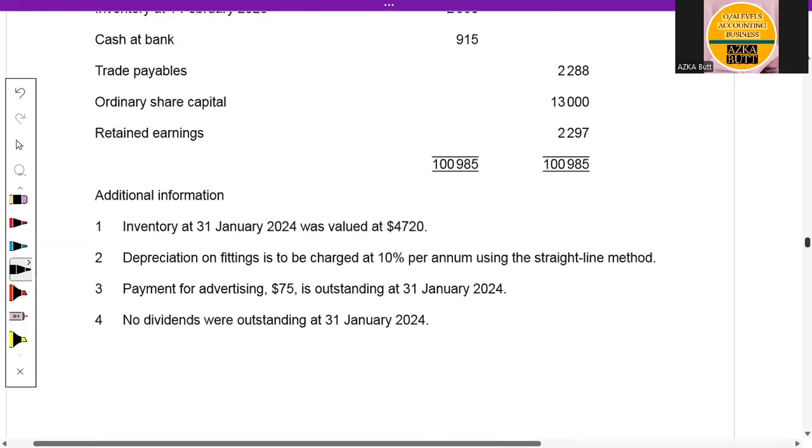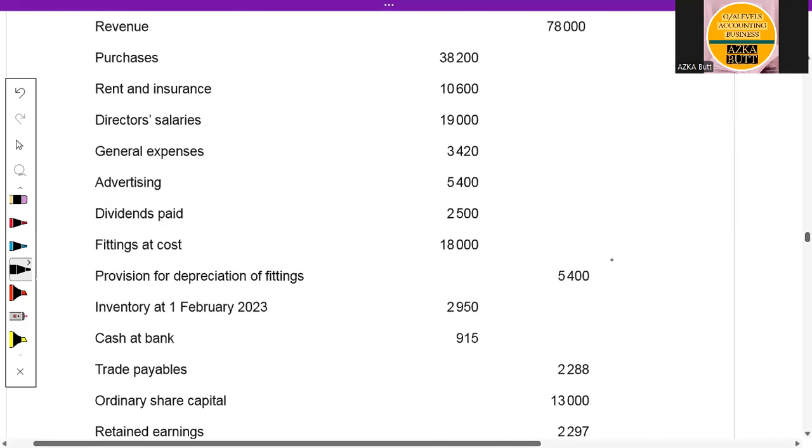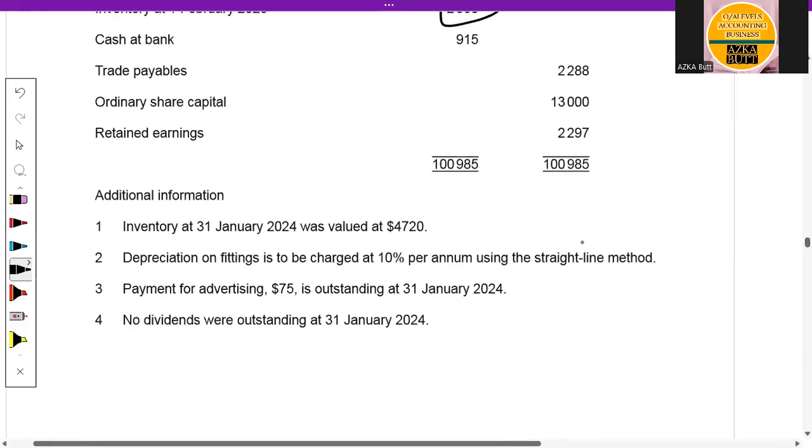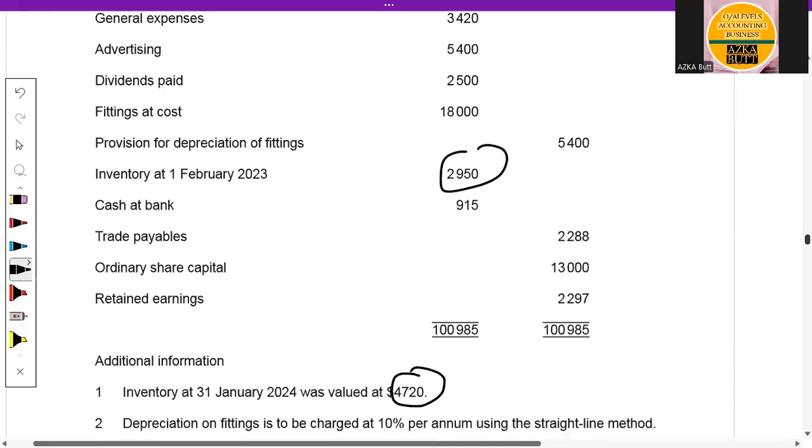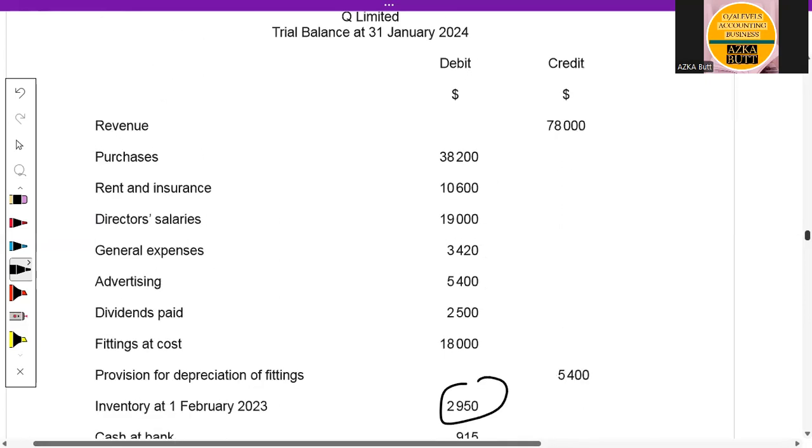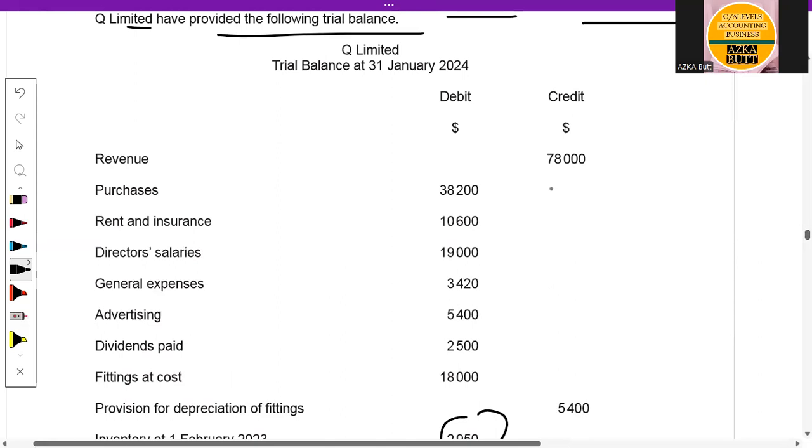So the opening inventory, which is 2950, and this is the closing inventory, which is 4720, and I think there is maybe nothing else. Yeah, purchases. So we have purchases, which is 3820.